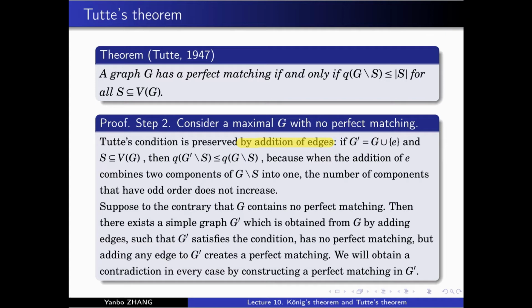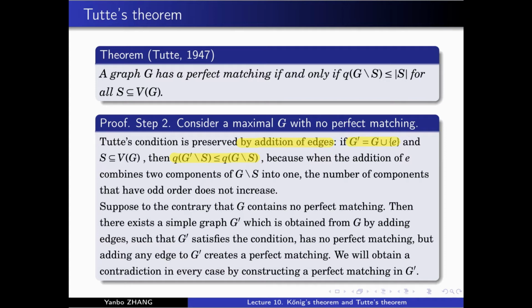If G' is obtained from G by adding one edge e, and S is contained in V(G), then we have q(G' - S) is less than or equal to q(G - S).